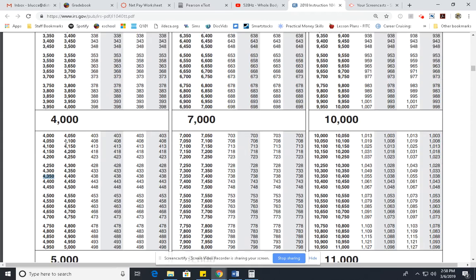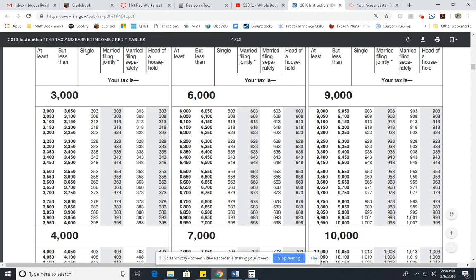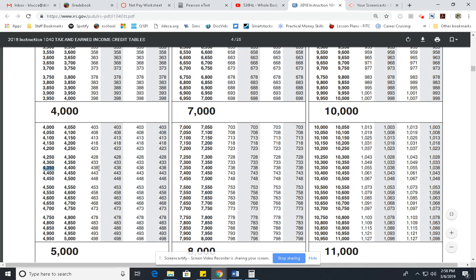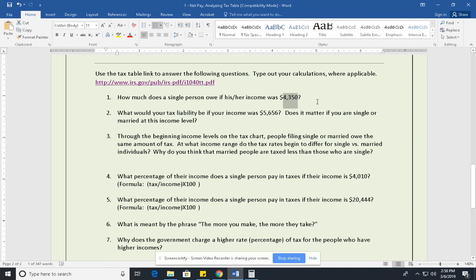That's my one. And then we've got to figure out where's single again. Helps to scroll over here, single. So I'm just coming on down to my number. There it is, 438. So that's my tax based off a single person making 4,350. They would owe the government 438. That's the answer.